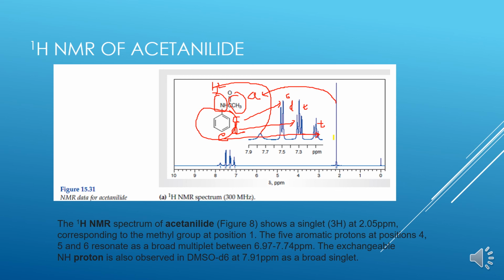Near the meta protons, ortho and para protons are there, therefore n plus 1 gives three peaks, a triplet. And again for the para proton, two equivalent meta protons are there, so this is split into 3.